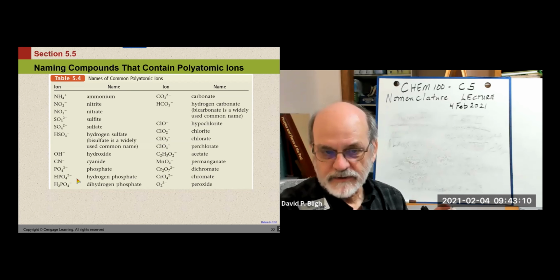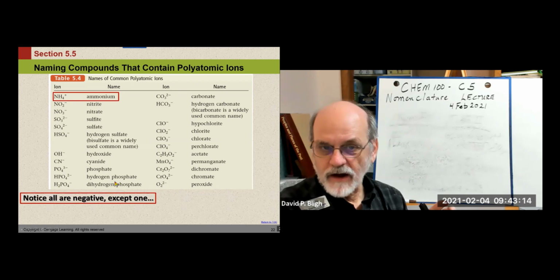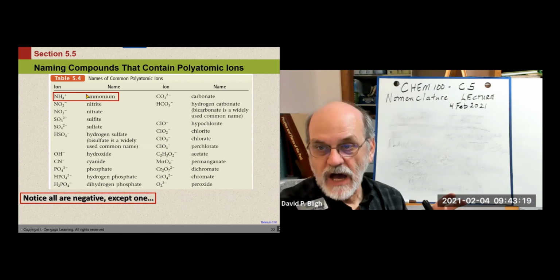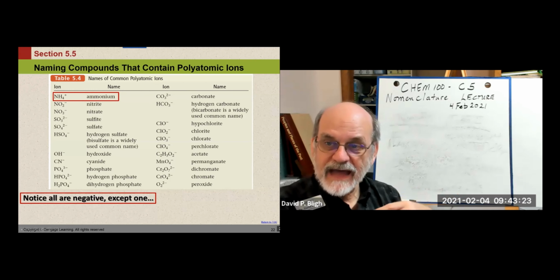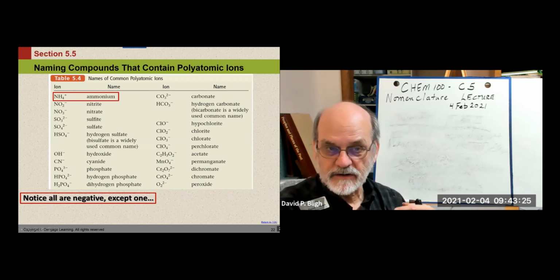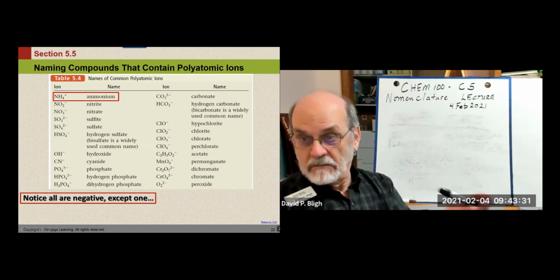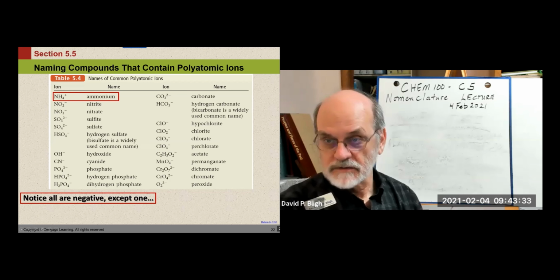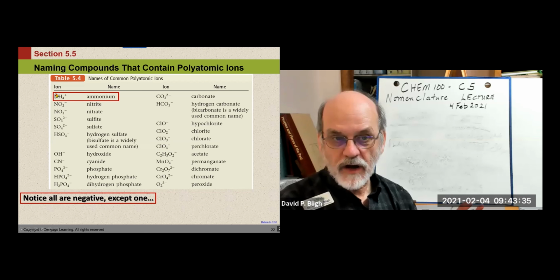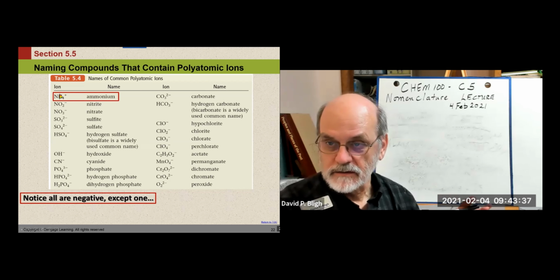These are some examples. Notice that all are negative except for one. This one's positive, ammonium. So this would occupy the cation position, the metal position, and it can only have one charge. This is the only possibility. So what convention would you use? Type 1, of course, because it can only have one charge.